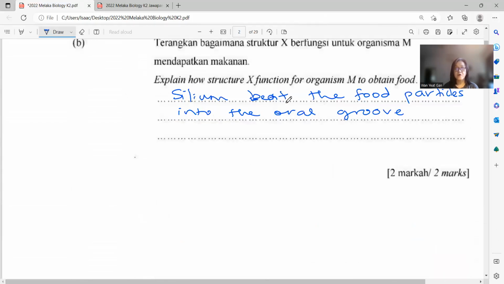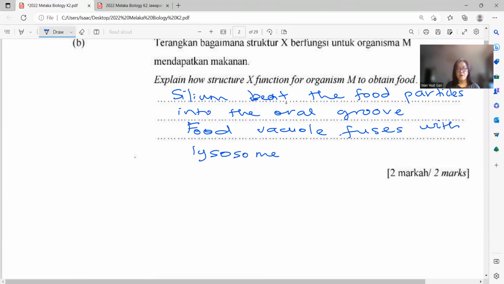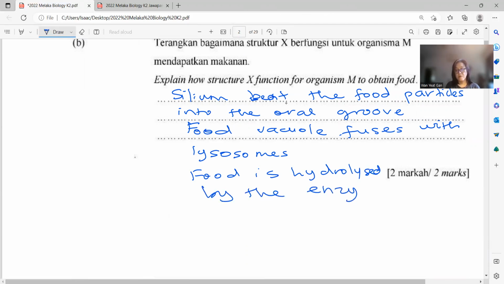So once it is beaten into the oral groove, then the food vacuole will fuse with lysosome. And the food is then hydrolyzed by the enzyme lysozyme in the lysosome.